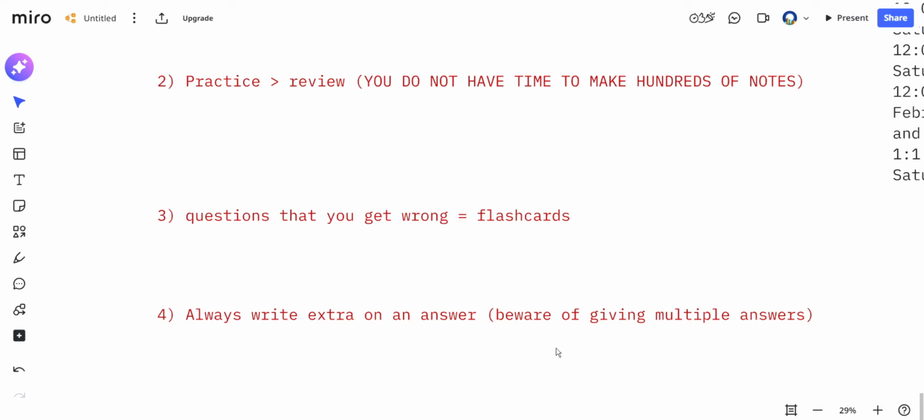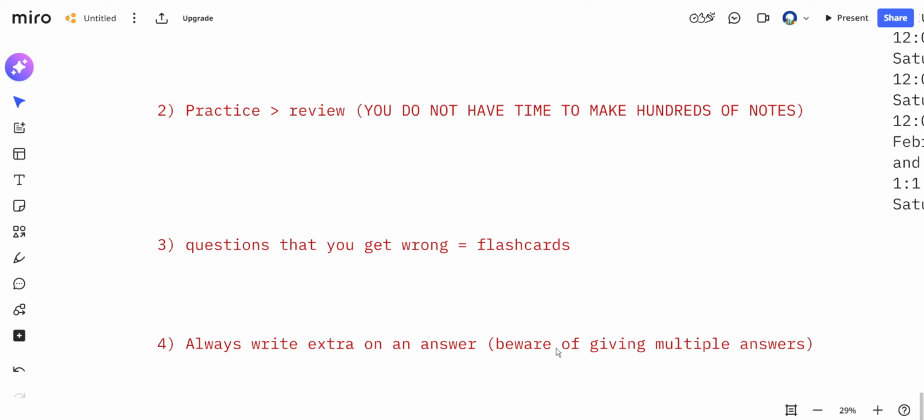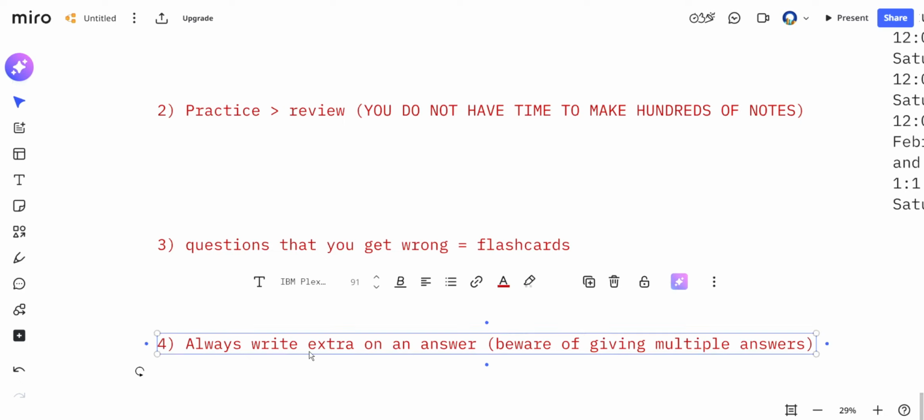What I mean by writing extra is elaborating. So always expand on the point that you are talking about. Always talk about the specifics. Always mention keywords. So for example, the diffusion definition, you're not going to just say, diffusion is spreading out of molecules.